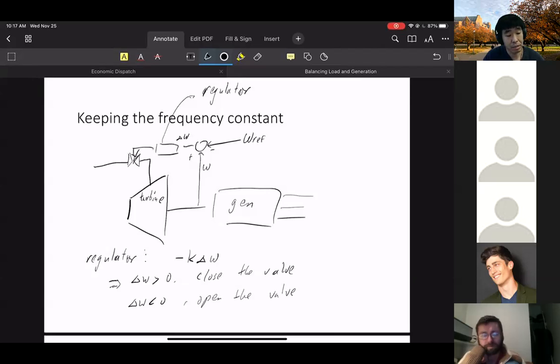Here's the feedback control. For anybody who's actually working with a generator, the regulator control is not so simple. If you're actually working with a generator, this is a fairly high order feedback controller.